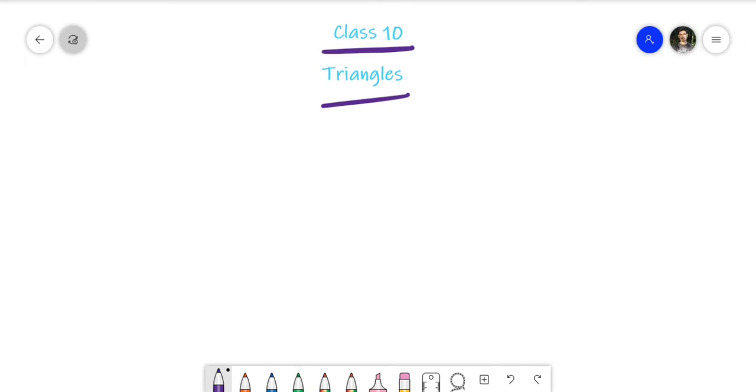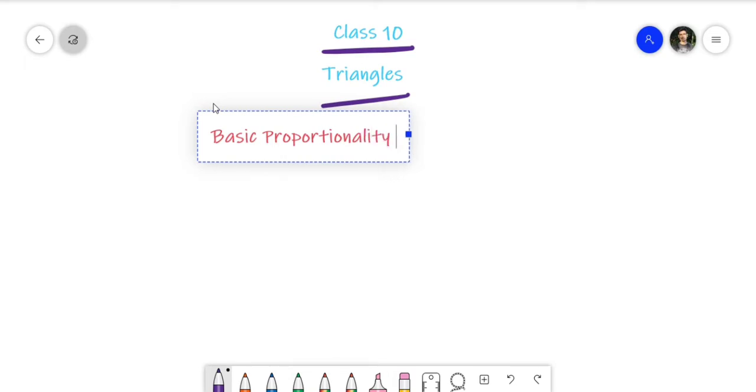So we'll be learning the basic proportionality theorem. In short, we can say BPT.